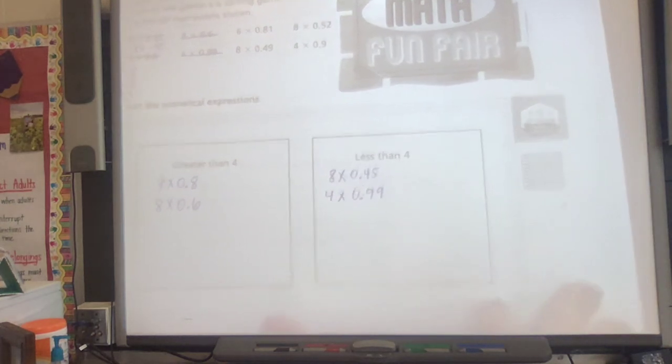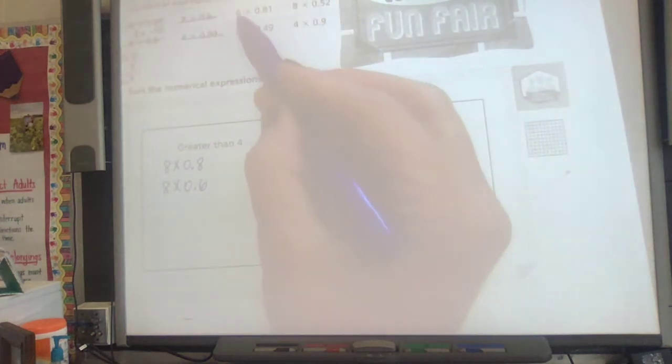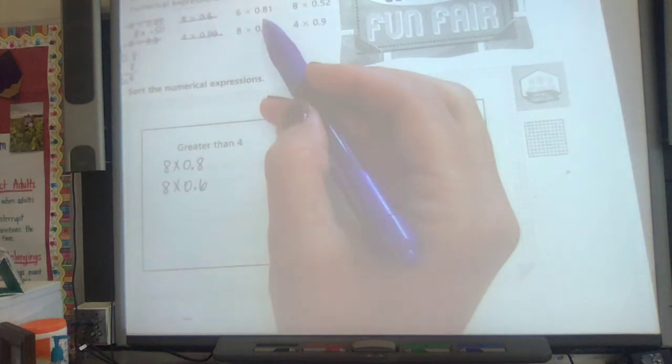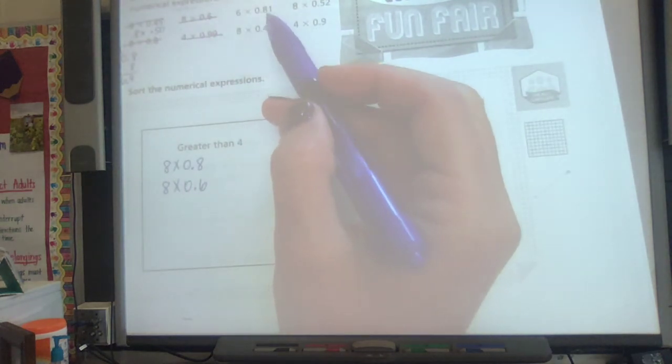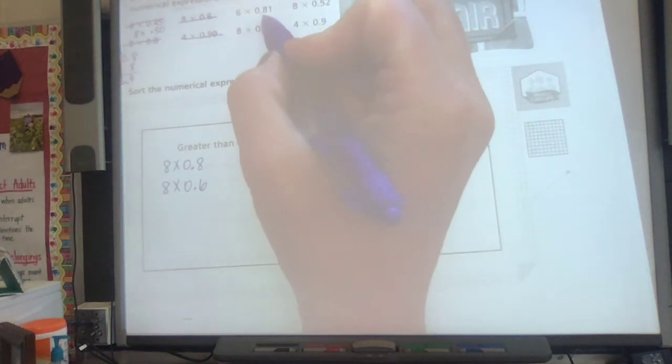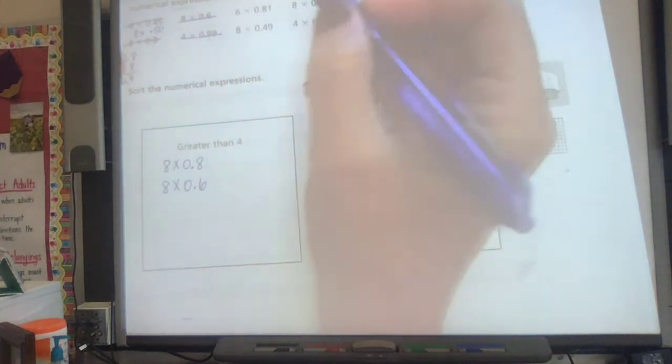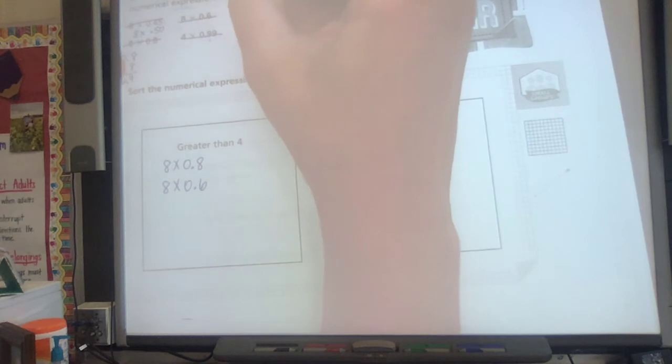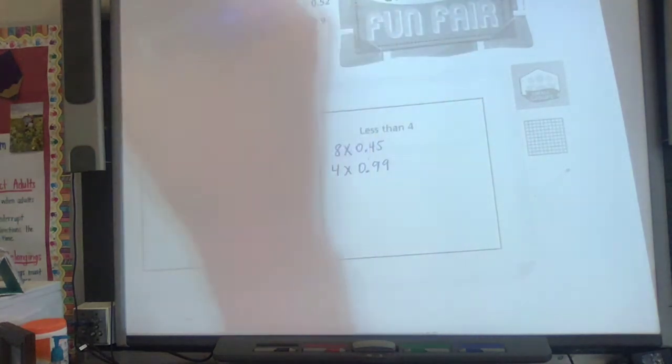This is less than 1, so it's going to be less than 4. Okay? Let's keep looking. 6 times 81 hundredths. Okay, again, I'm going to think about it. If we say 8 tenths, I just want to round that to 8 tenths or 80 hundredths.